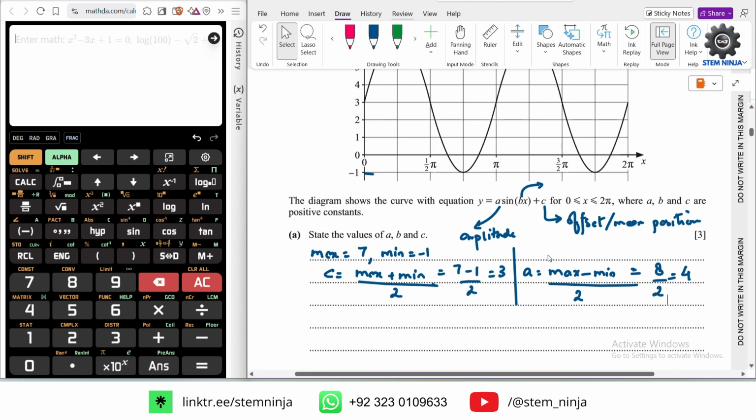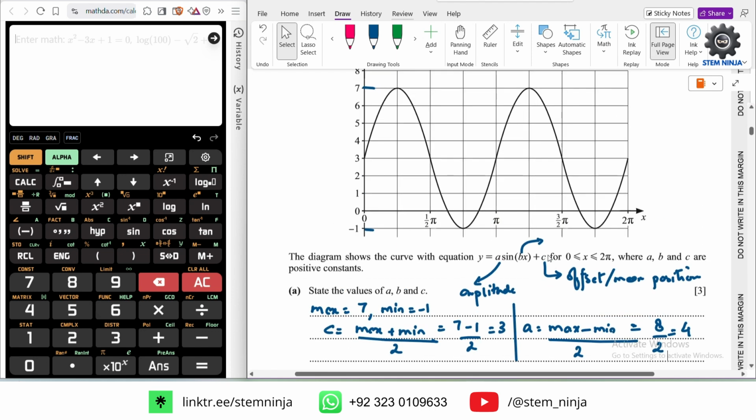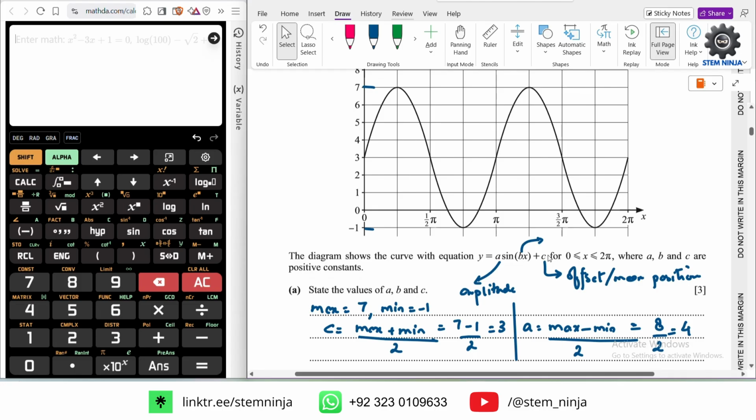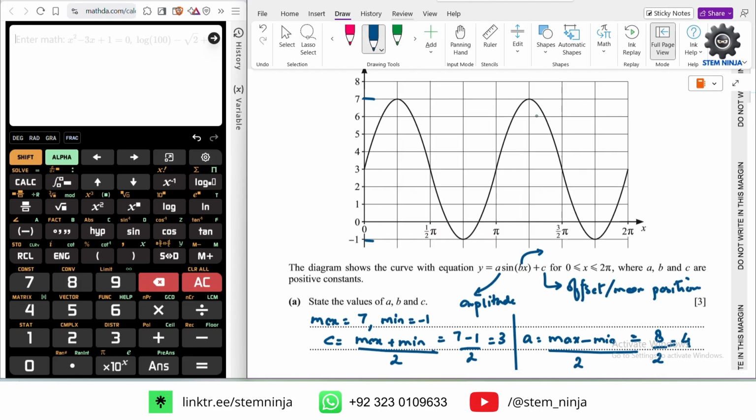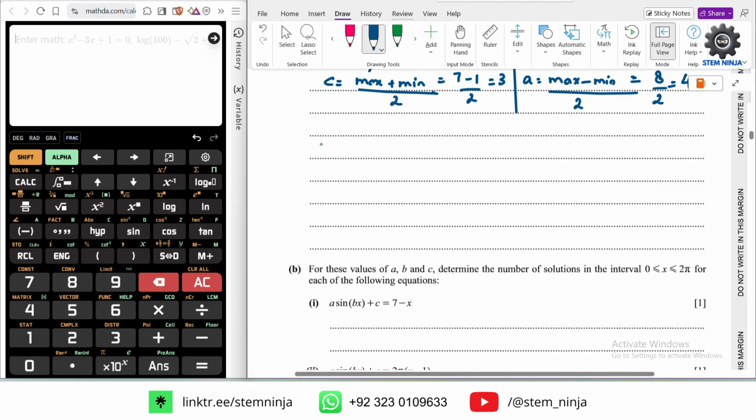Now we need to find out b. As you can see, there are two waves in 2 pi, so the period, which is pi in this case, is 2 pi over b.